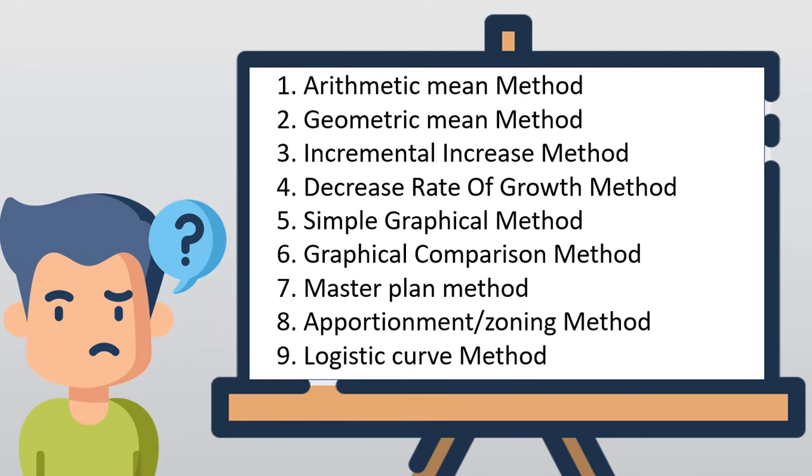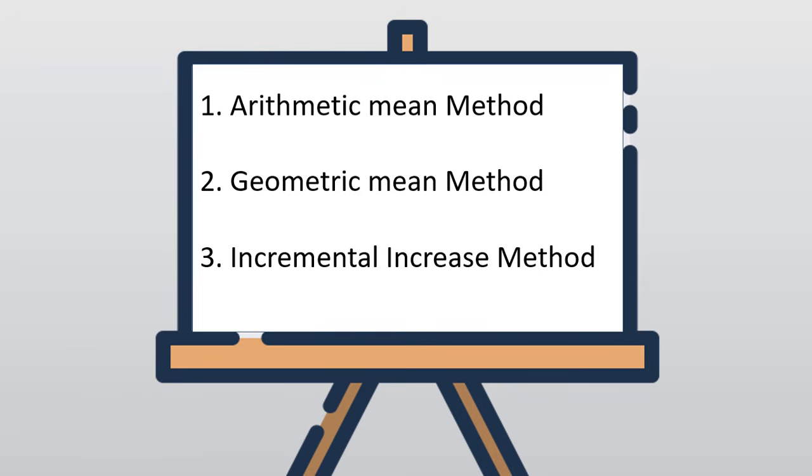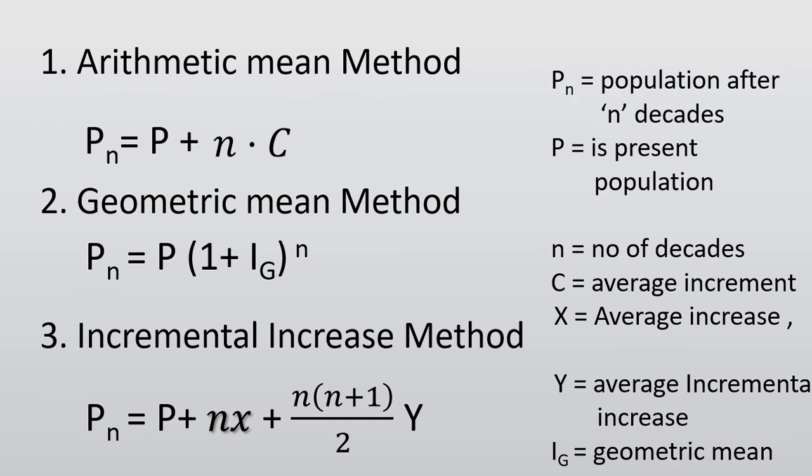There are many forecasting methods which you can see on this screen. And you can choose according to their use which you can find in books. And I have also attached a link from which you can decide. But we are going to choose 3 methods which are arithmetic mean method, geometric mean method and incremental increase method. Each method has own significance and formulas of these methods can be seen here.